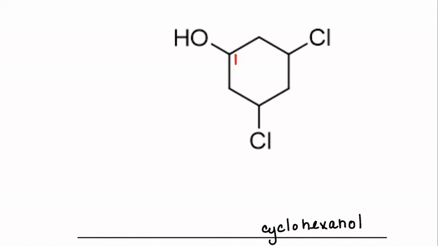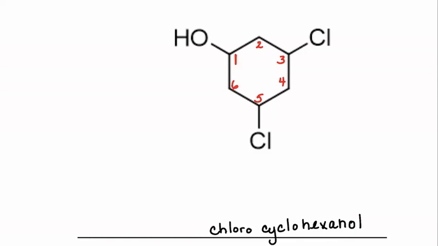Now, in this molecule specifically, we have 2 substituents aside from the OH. And because of their position, it doesn't matter if we go clockwise or counterclockwise, they're going to be in the same numbering, okay? So let's say that I go clockwise. This is carbon 1, this is 2, 3, 4, 5, and 6. As we learned before, when we have multiple of the same substituent, this is going to be a substituent that is called chloro.